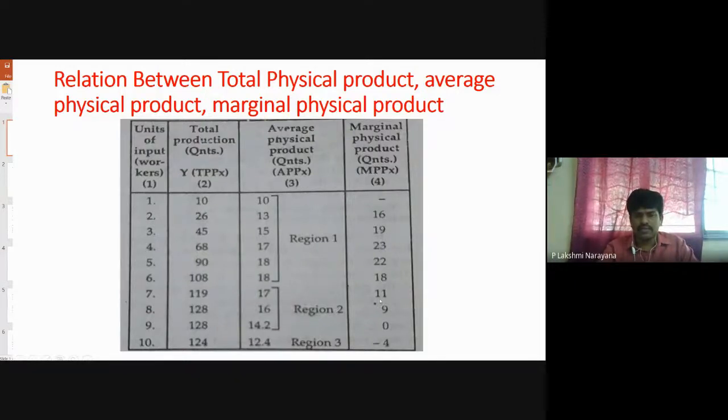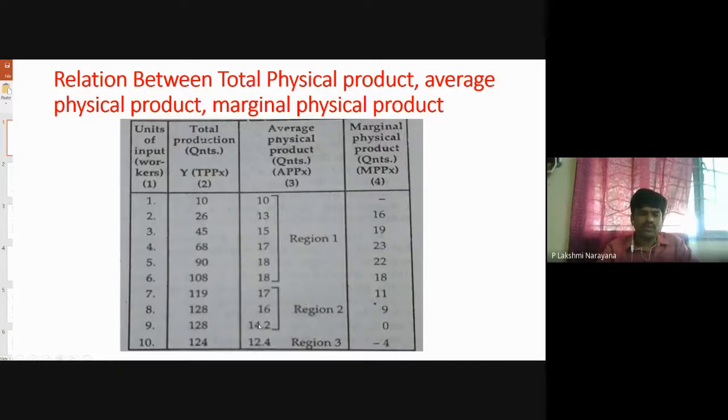After that, at the ninth level, the marginal product is 0. But at the 10th level, there is a negative marginal product, -4. Here, average production is also declined, but average production never becomes 0 or negative. Maybe close to 0.